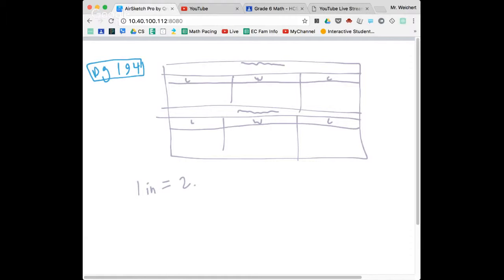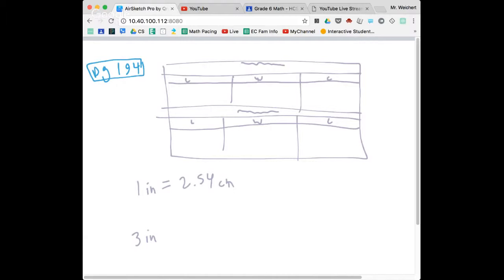The very first thing we see in the length of customary to metric is that 1 inch is equal to 2.54 centimeters.